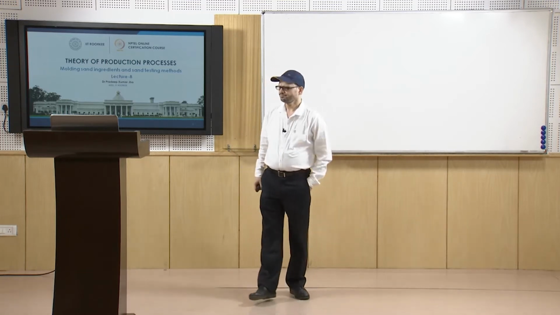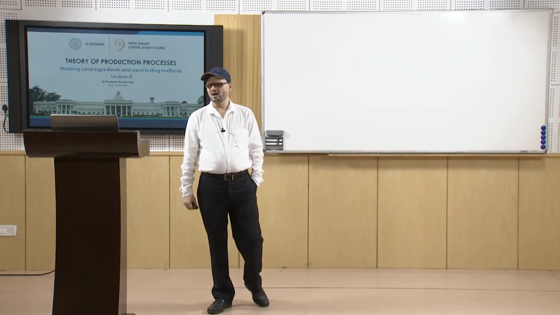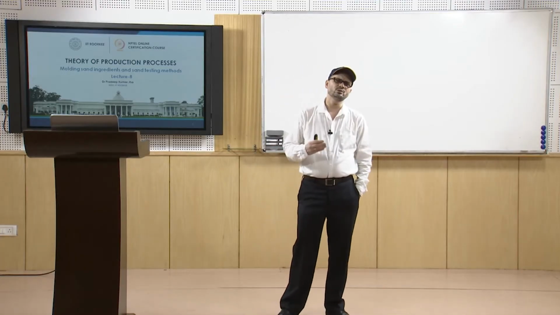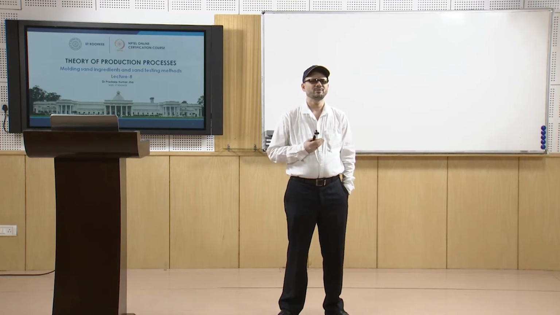The molding materials which are typically used are sand, metals and alloys, plaster, ceramic, graphite, rubber. These are the normally used molding materials for casting any material.